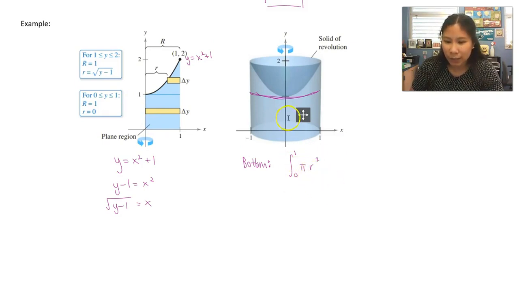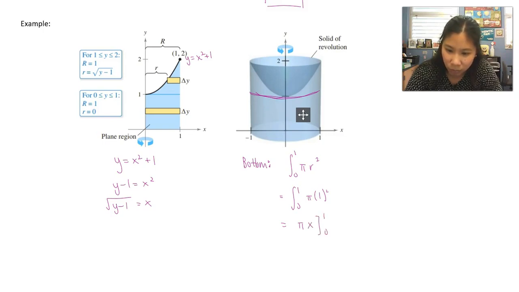Then our radius here, since it's constant the whole time, would just be 1. So just pi. And then the antiderivative would be pi x. And then, oh, I forgot the dx. So then plugging in, we would just have 1 pi. Okay, so that's the volume of the bottom.